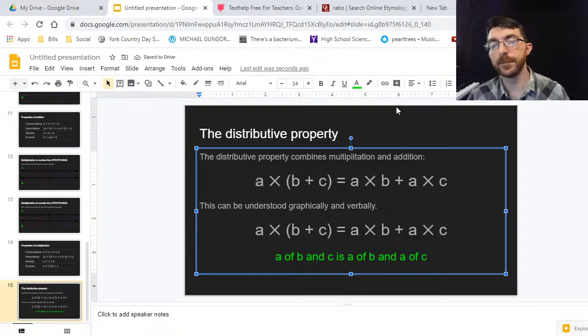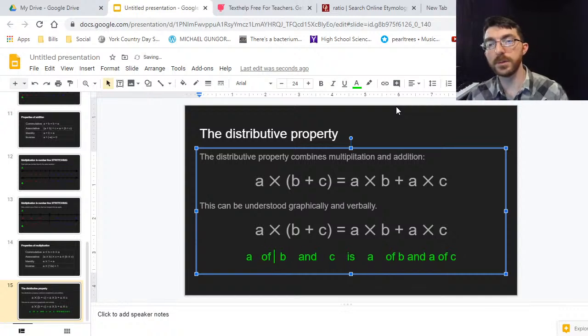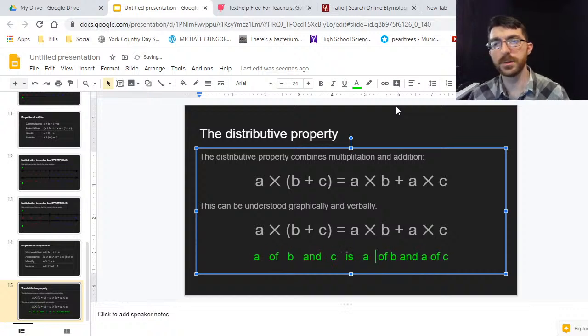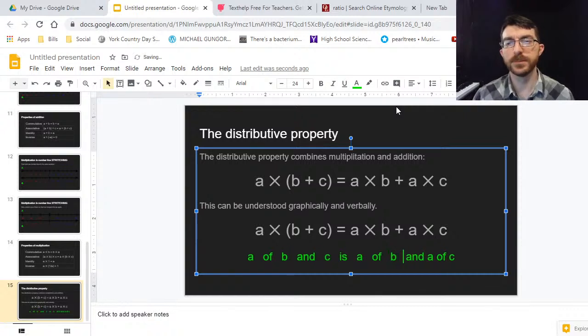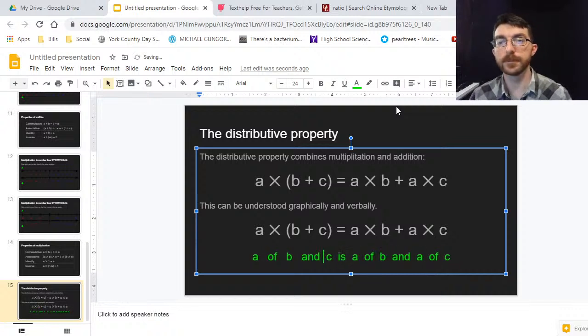There we go. Oh, that's going to be too much. So I put 3 spaces in. Just 2. Still too much. Just putting a single extra space in. There we go.